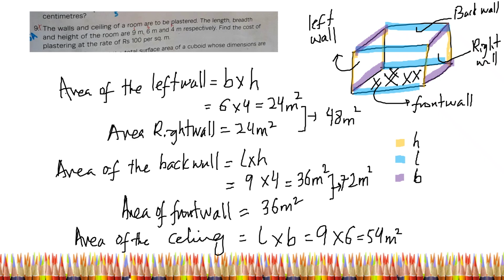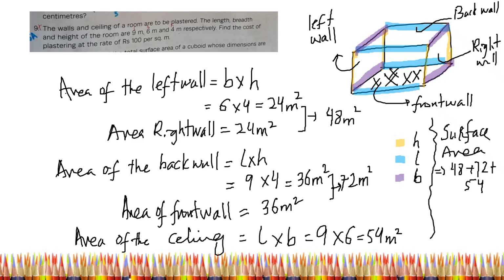Right. Okay, now what we need to do is add the areas. That will be the surface area, the total area. That is 48 plus 72 plus 54. When you add 48, 54 and 72, you get 174 meter square.